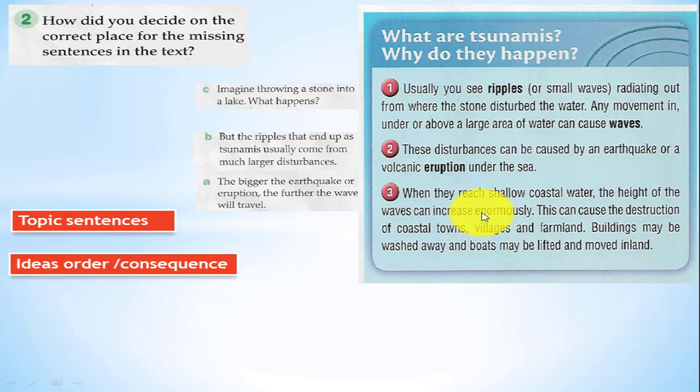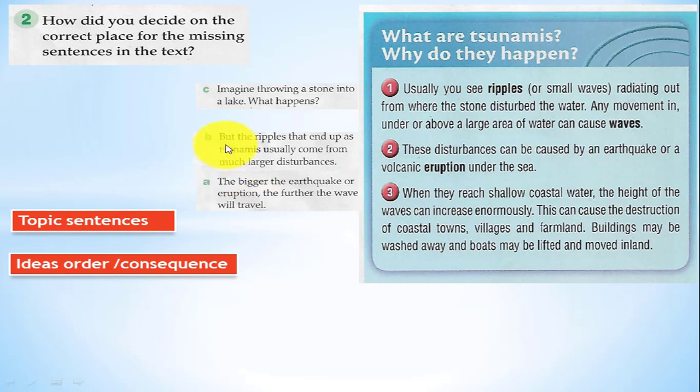This is the third step. Then what happened? This can cause the destruction of coastal towns, villages, and farmland. This is the fourth step. And then buildings may be washed away and boats may be lifted and moved inland. So look, the facts given by the text follow specific steps.